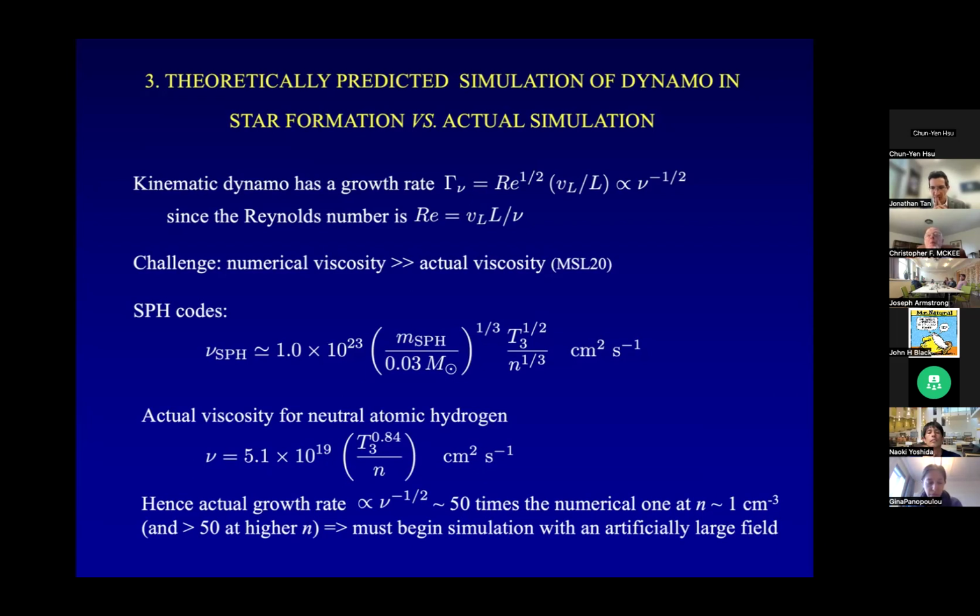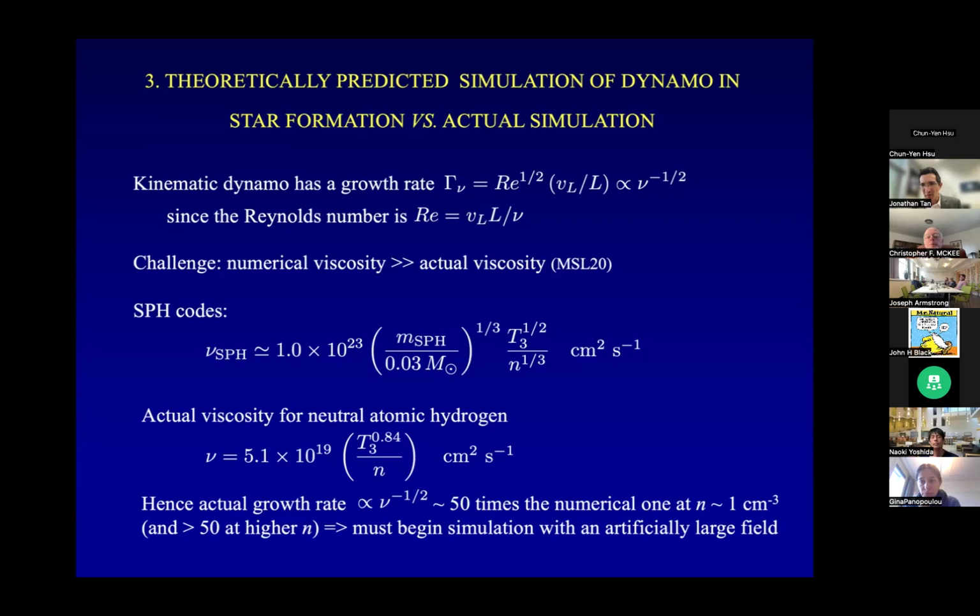They do allow the field to grow, but it grows only over hydrodynamic times, not over cosmological times. Whether that makes a difference, I don't know. I'm just pointing out that is a distinction between our simulation and the others.